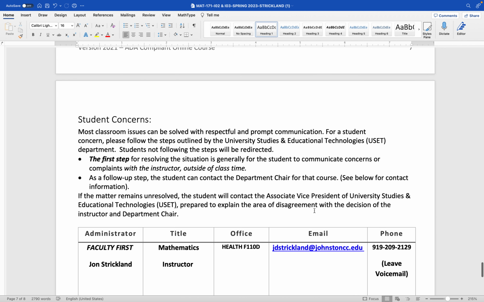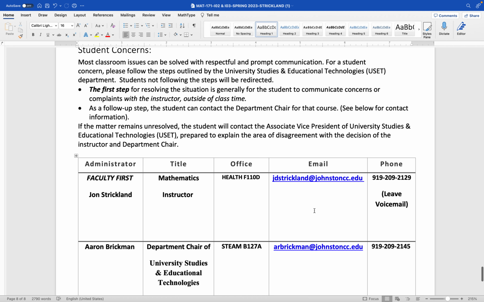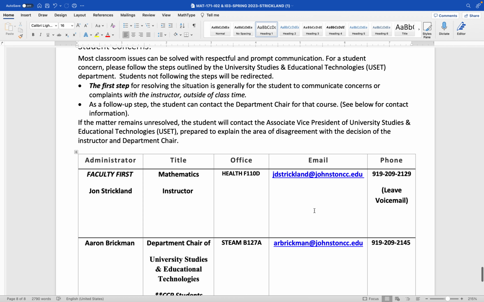And for student concerns, most classroom issues can be solved with respectful and prompt communication. For student concerns, please follow the steps outlined by the University Studies and Educational Technologies Department. Students not following the steps will be redirected. The first step for resolving the situation is generally for the student to communicate concerns or complaints with the instructor outside of class time.